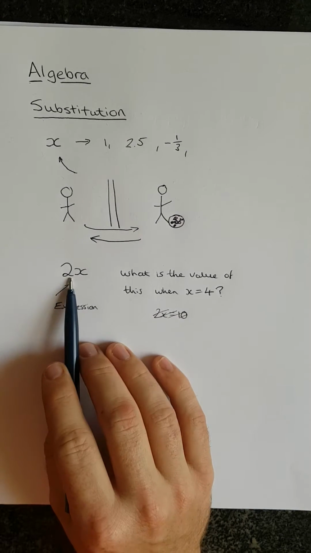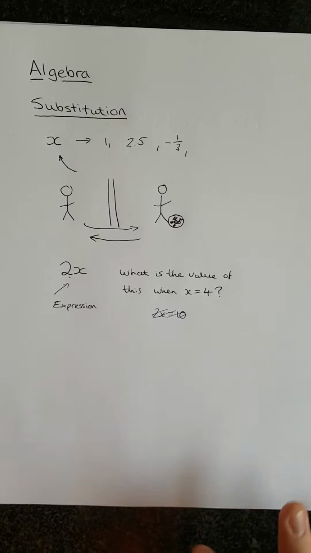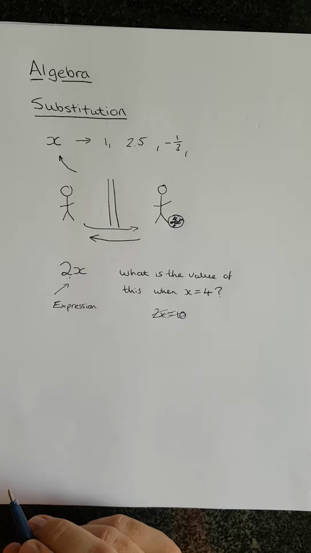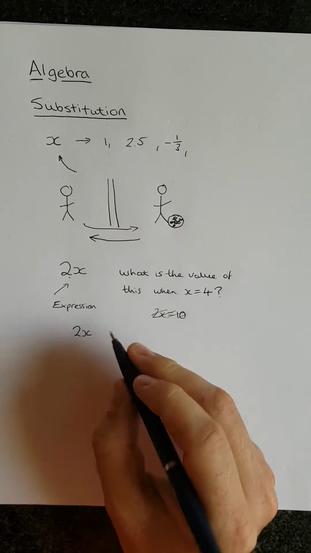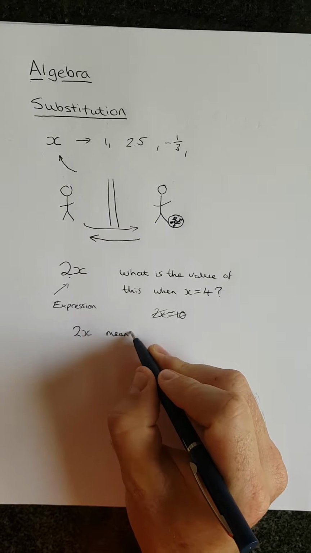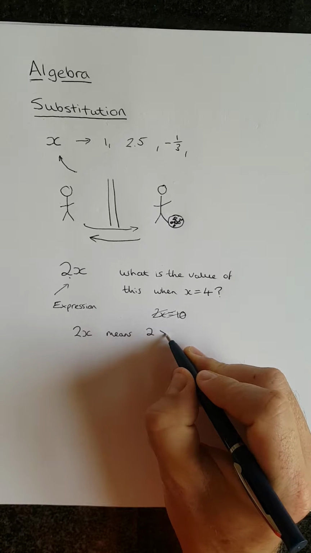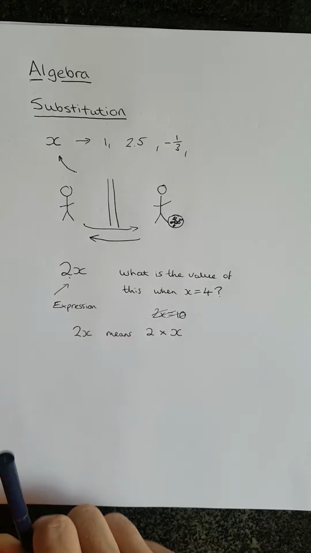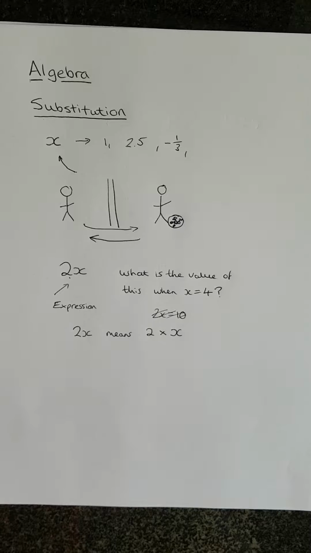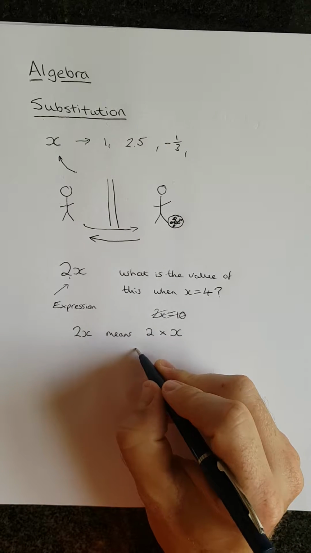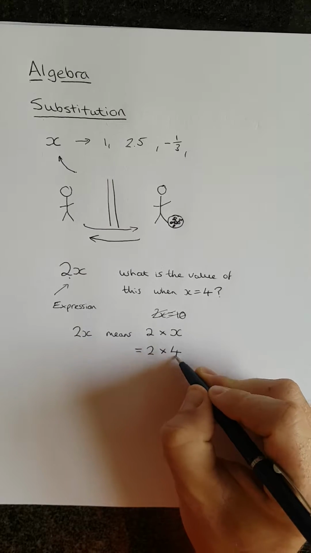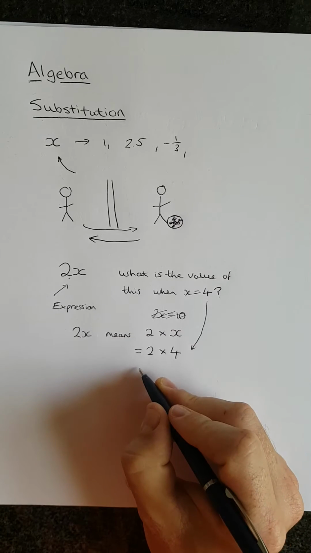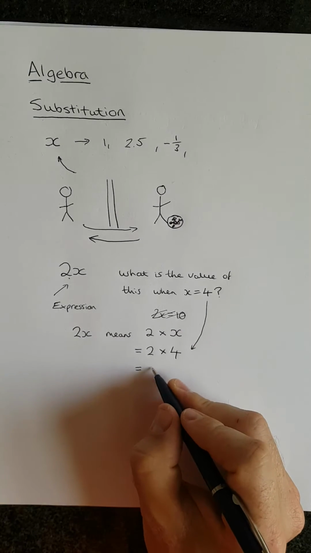So, what is the value of 2x when x equals 4? Well, what does 2x actually mean? It means 2 multiplied by x. So, it means 2 times 4 in this case, which means it's 8.